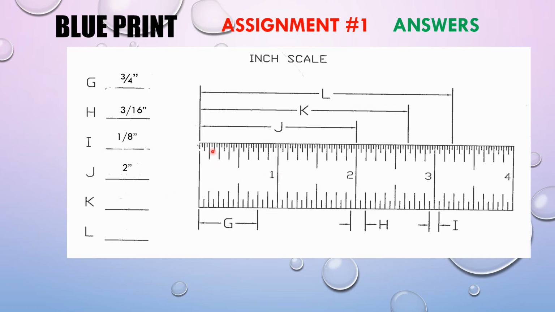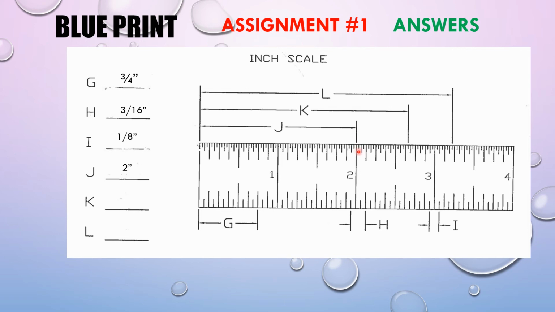K. Well, K starts at the beginning of the tape also, but K takes us right into here. Now, if we were to count all these, we'd have 32. So what we need to do is count from the beginning. Again, we'll start here. We know it's 2 inches and so much of a fraction. So we'll start here, but we don't count this line, remember?